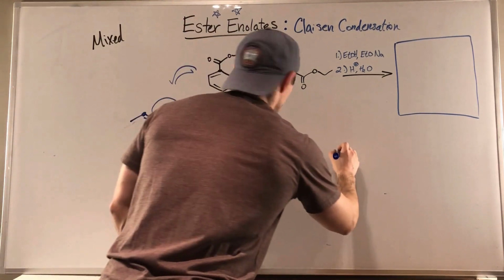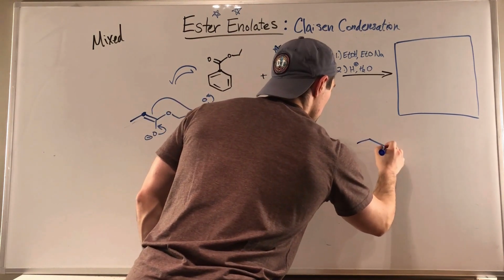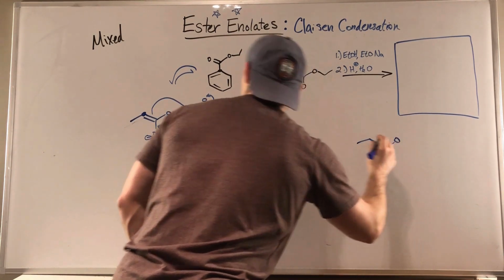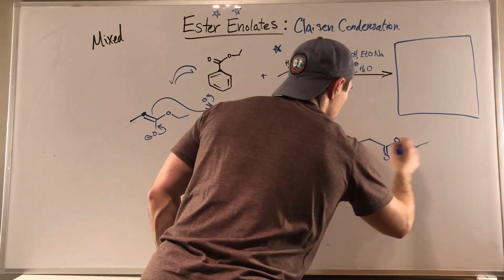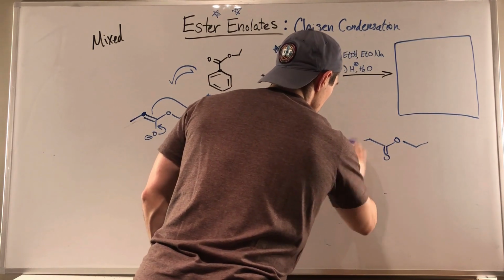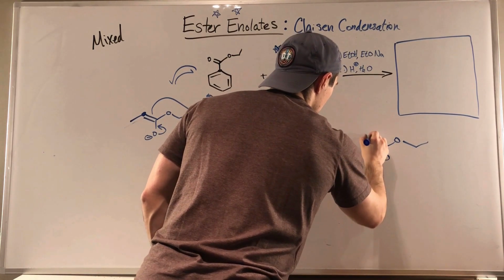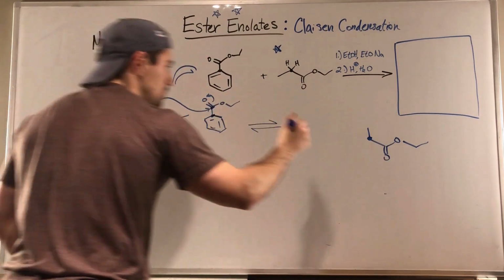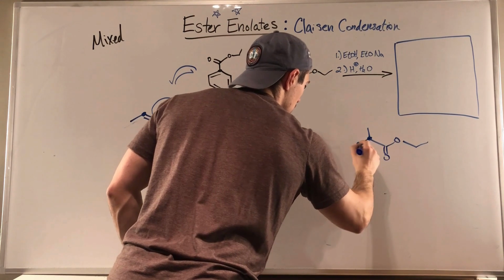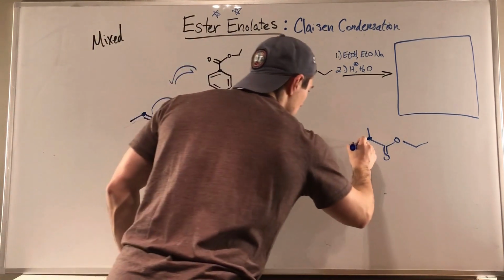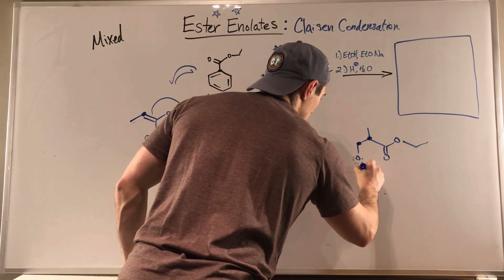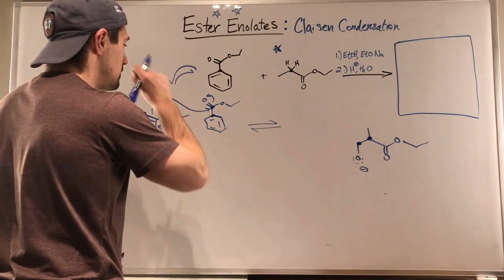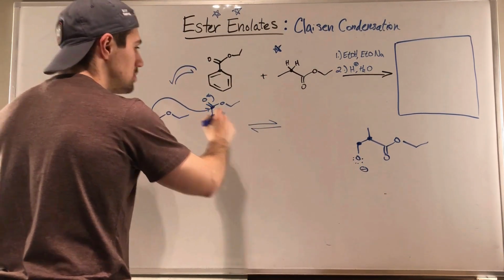So let me go ahead and just draw what was my ester enolate. And I know this carbon is now bonded to this carbon, and I know I have an O minus. Kind of drawing things upside down now a little bit. Okay, cool.